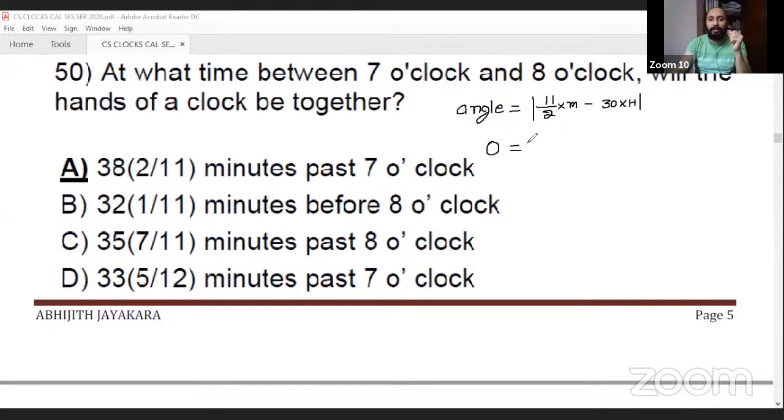Together means 0 degree. So after, past 7 o'clock, they are saying. So after 7 o'clock, we don't know how many minutes, but it is 30 into 7. So how much is it? 7 threes are?